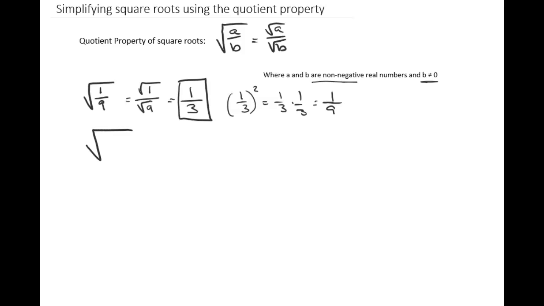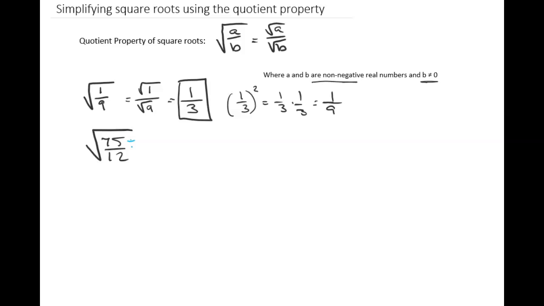The next one I would like to look at is the square root of 75 over 12. Thinking about order of operations, anytime we have a fraction inside of another operation, in this case a square root, we always like to simplify that fraction if we can. And in this case we can.